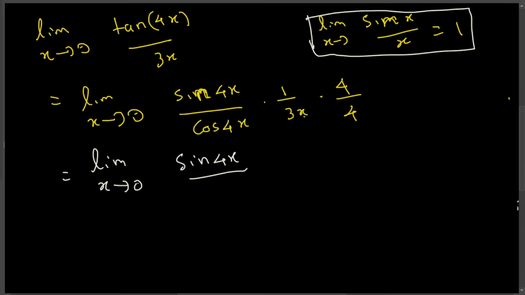So instead of 3x, I put 4x here, and I bring the 3 here. We have cos 4x, and we already took the 4. We have 3 left in the denominator, and cos 4x.